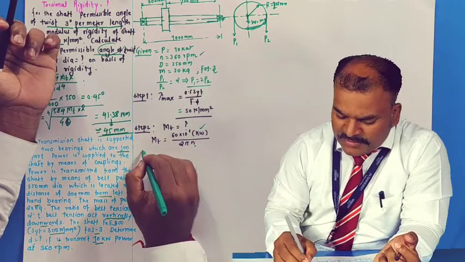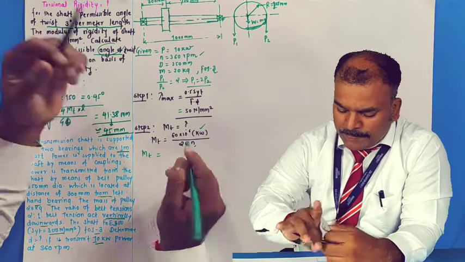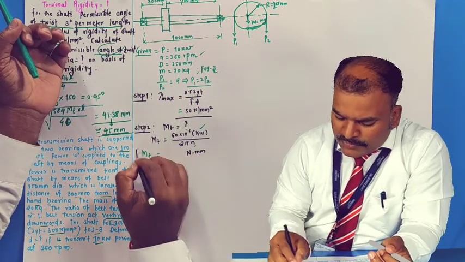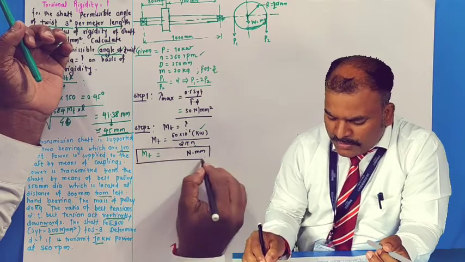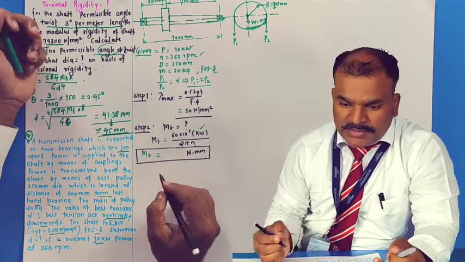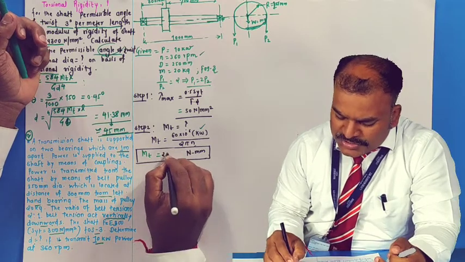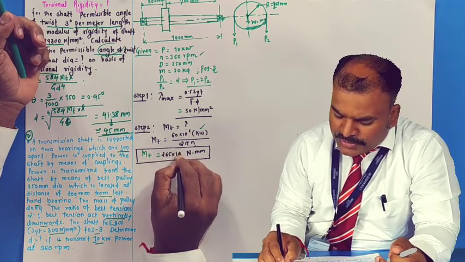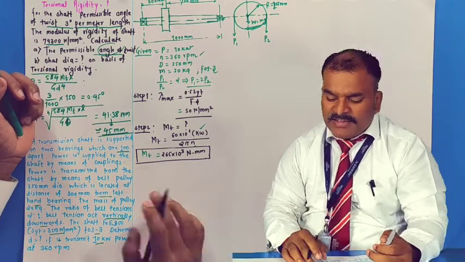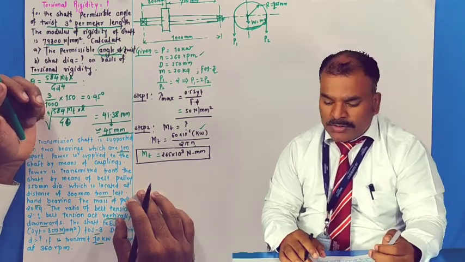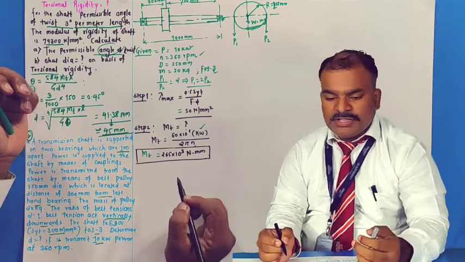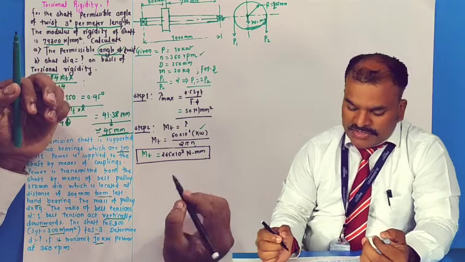Now we'll easily get the value of MT. So just try to find out Newton mm. This value, you just tell me or try to find out. Alright, that is 265 into 10 raised to 3. Exactly it is 265,258, so I have directly mentioned 10 raised to 3. This will be step number 2 for this case.